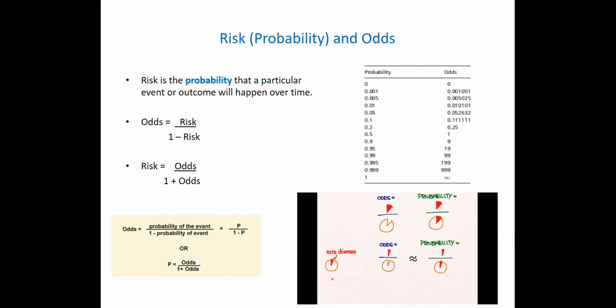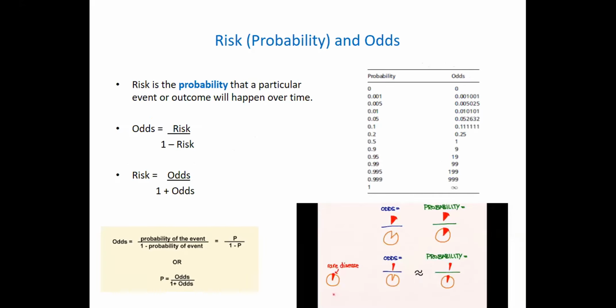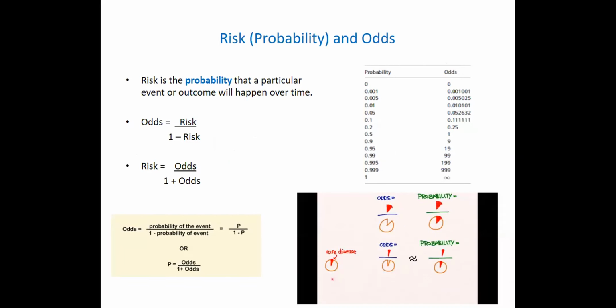The probability of an event happening is the risk, while the probability of it not happening is 1 minus the risk. Because if you say the probability that it will rain today is 0.6, of course, that's 60%. The probability that it will not rain is 0.4 because it's 40%. You remove 60 from 100%, it gives you 40.